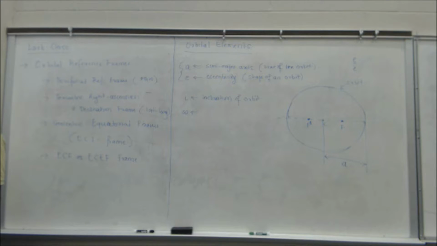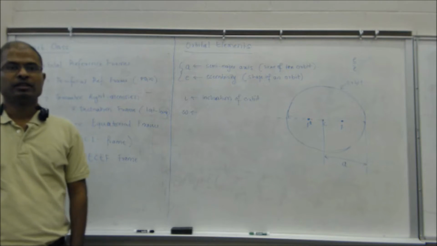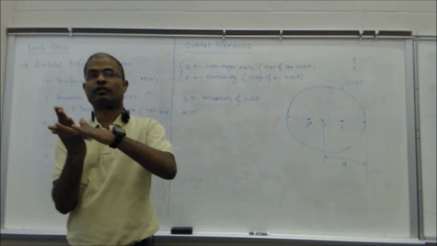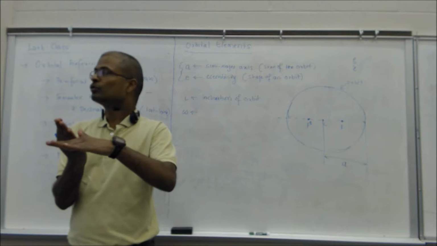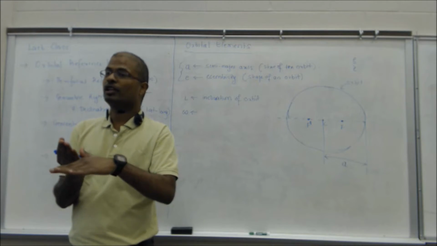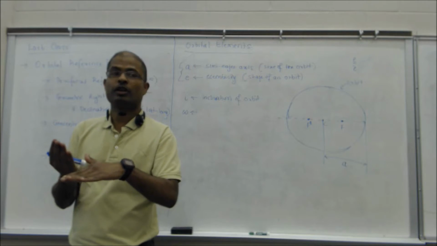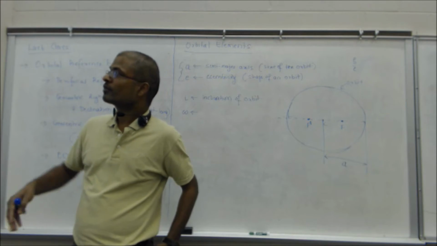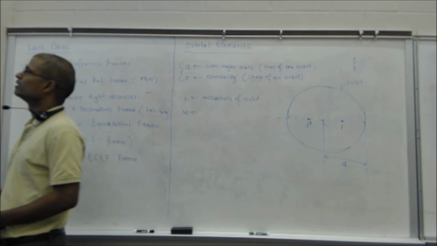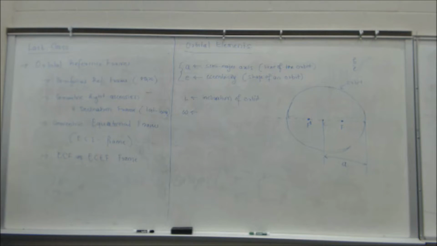The orbital plane and the equatorial plane intersect at this line of nodes.